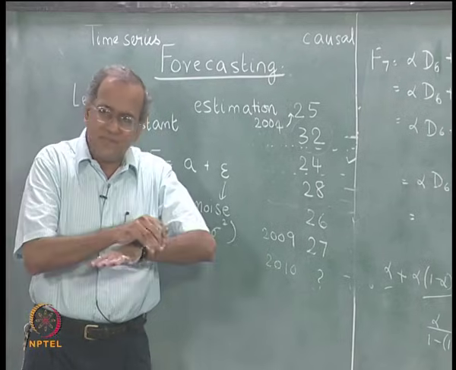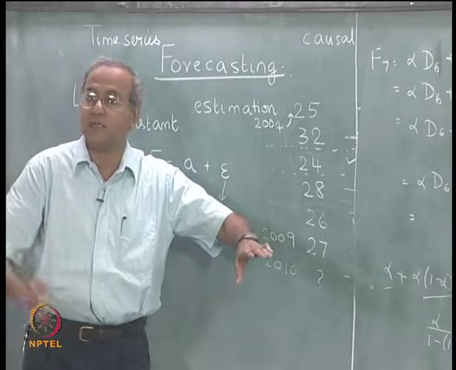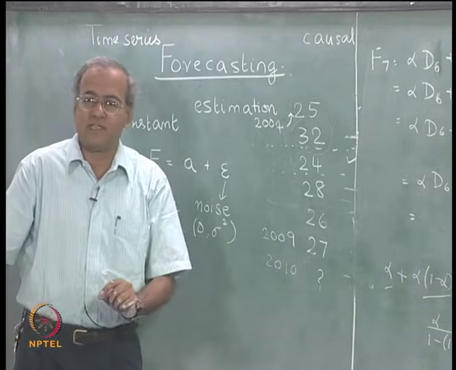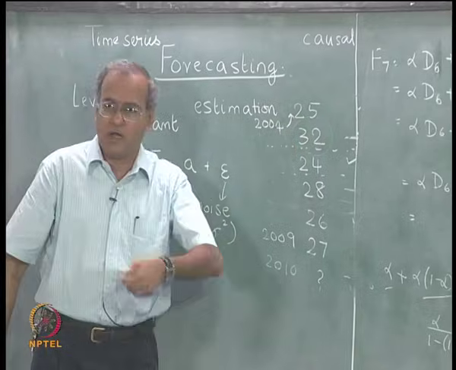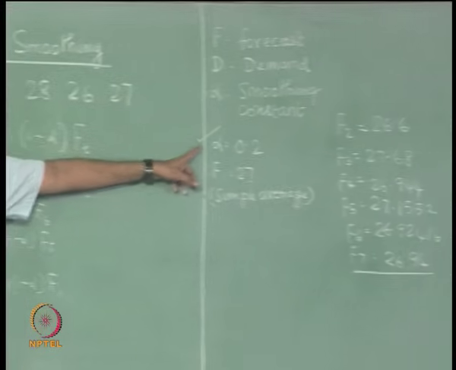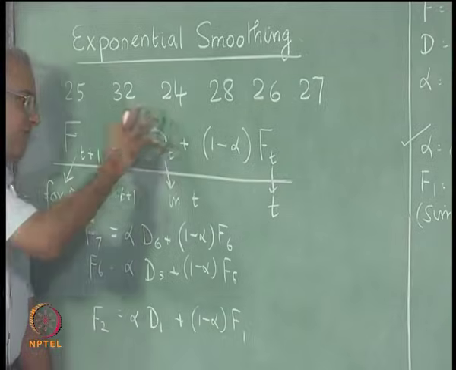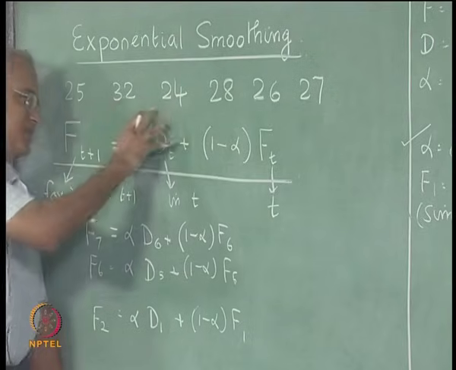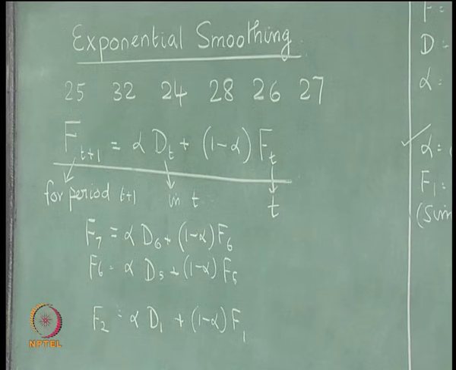So, if the demand is very stable and does not show noise or variation, in such cases we can have a larger alpha. So long as there is variation and noise, it is advisable to have a smaller value of alpha, which means the weight associated with the demand in this term will be less and the forecast will have a higher weight.